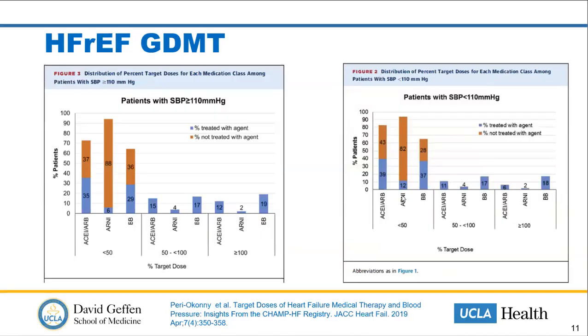This is from Dr. Fonarow and Get With The Guidelines, from the CHAMP Heart Failure Registry. If we look at heart failure patients and the rates at which they're getting ACE, ARB, ARNI, and beta blocker, even stratifying by whether they have a systolic blood pressure greater than or less than 110, you get large gaps in care. If patients do get the therapy, they tend to be at below target doses.